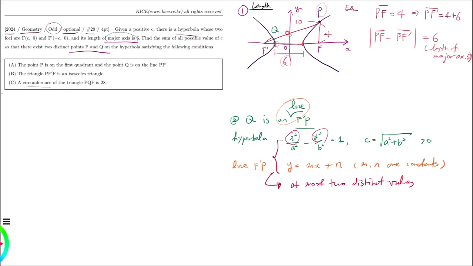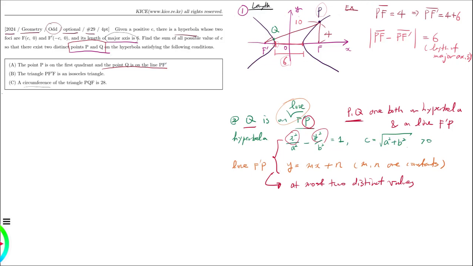So the points P and Q are both on the hyperbola and on the line F prime P. This is all the points we have, which satisfy this condition: the point P and Q, and the point Q is on the line PF prime.